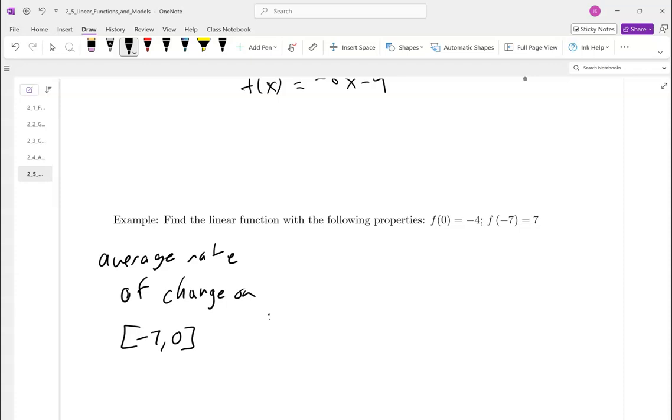Don't worry about the problem at all. How would we compute average rate of change? What did you tell me before? Yes, f of b minus f of a over b minus a. But what's playing the b and the a roles here? Yeah, 0 is the b, -7 is the a, right? We agree?